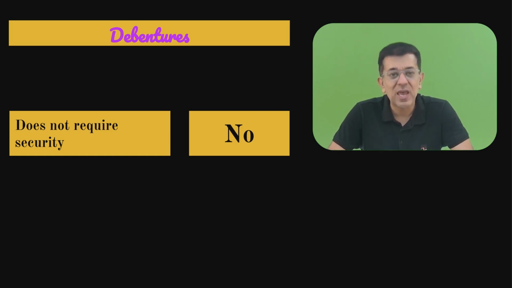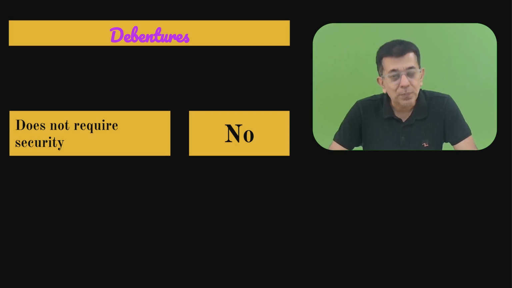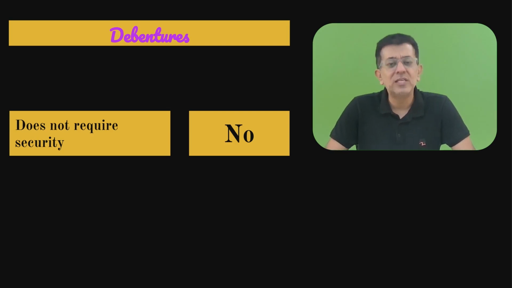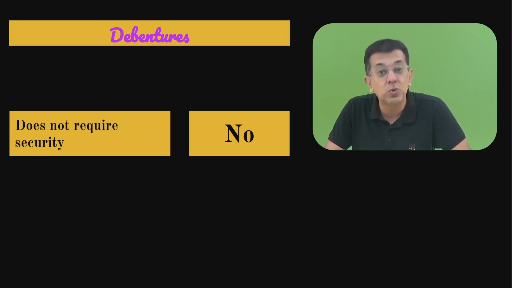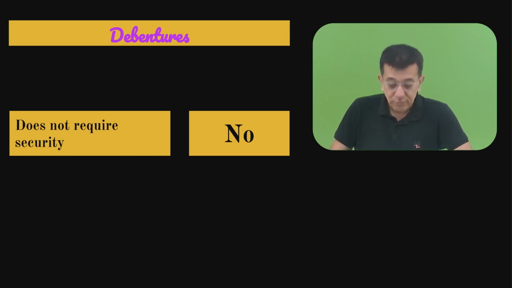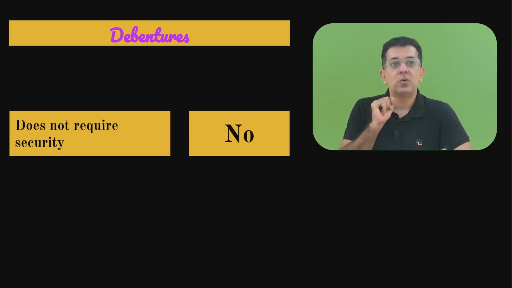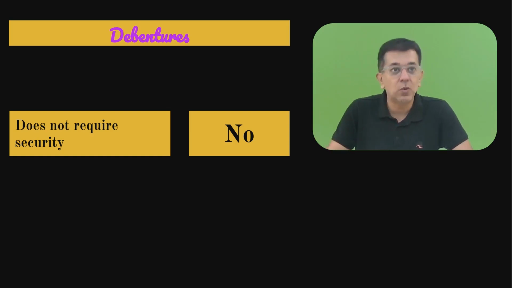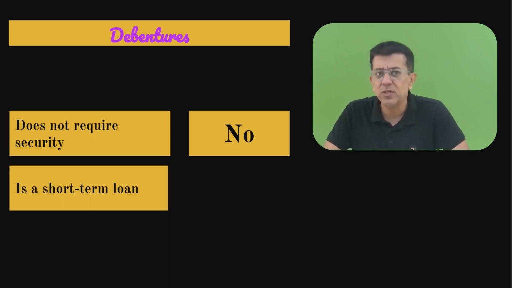So, if ever the company is not able to repay the debenture capital, then that asset can be liquidated to pay the money back to the debenture holder. It is a loan that you have taken, and it comes in the category of secured loans. Always do remember that. One other thing from my side: public deposits are always unsecured, but debentures are always secured. So therefore, this second statement, does not require security, is false.